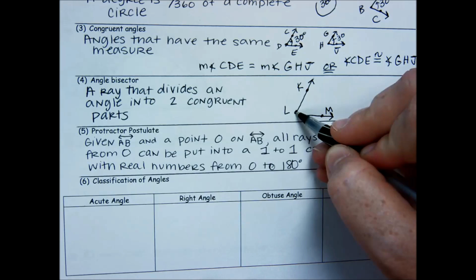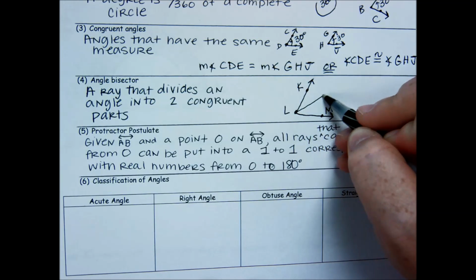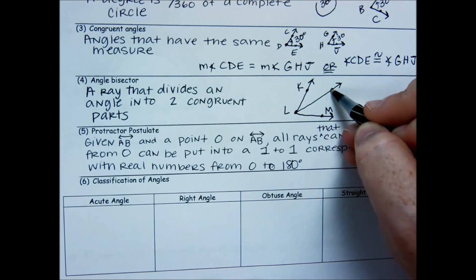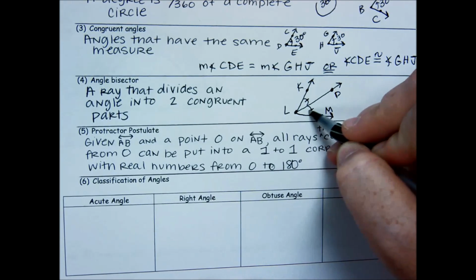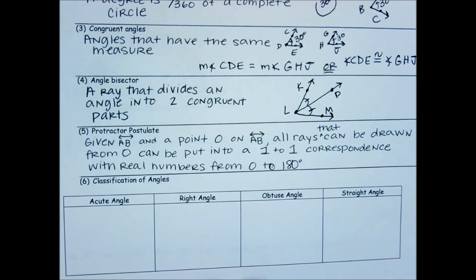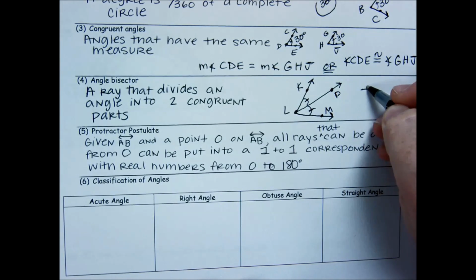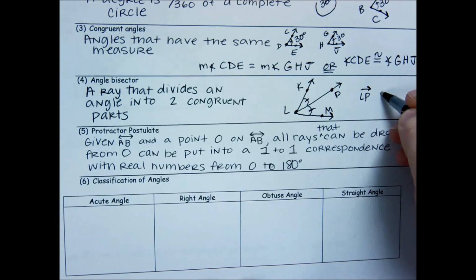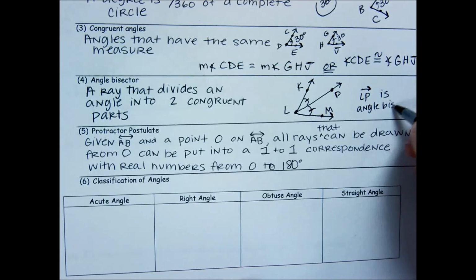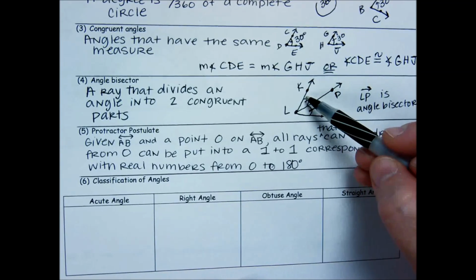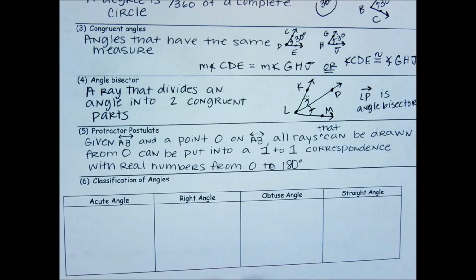An angle bisector would go straight through the middle and divide the angle up into two congruent parts. So ray LP would be an angle bisector, because it divided this angle up into two congruent parts. These measures would be equal.